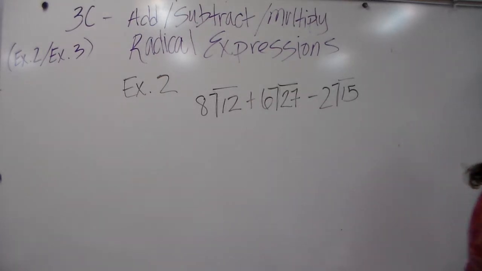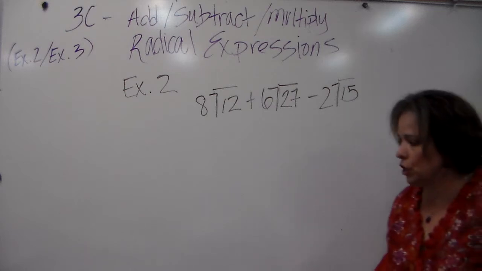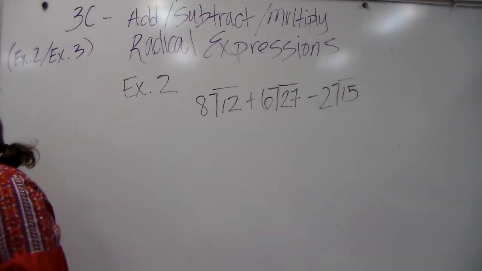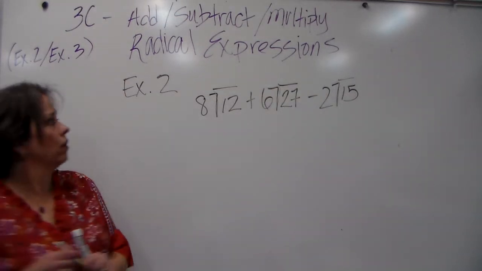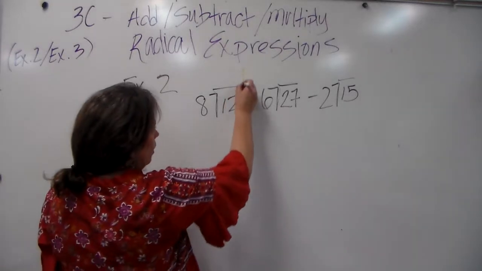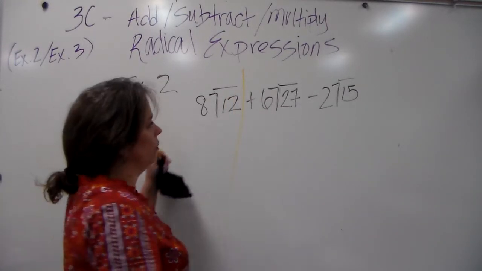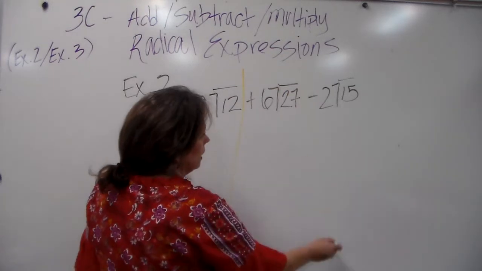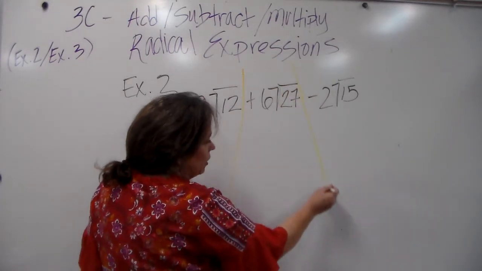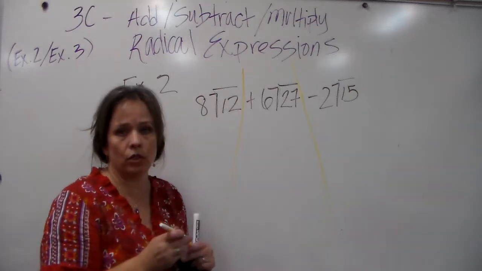Sometimes it's useful to just draw a line between the terms so that it's easier to tell what we're working on. So this positive 8 root 12 will have its own little space, then a space for our middle term, and finally this last term.